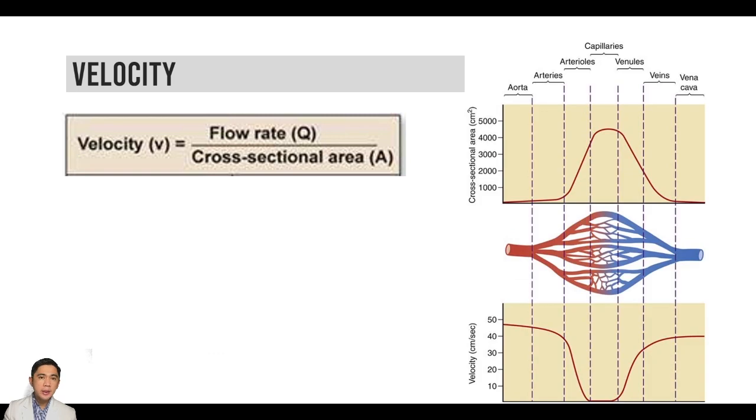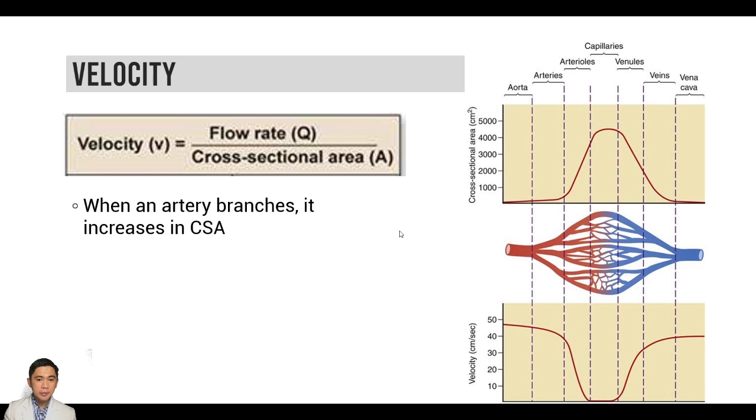So if we apply this to the circulatory system, since we have established earlier that the capillaries have the greatest cross-sectional area, and velocity is inversely proportional to the cross-sectional area, therefore velocity is lowest at the capillaries compared to the other segments.